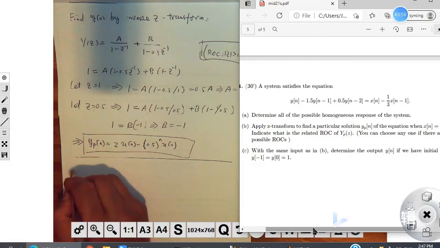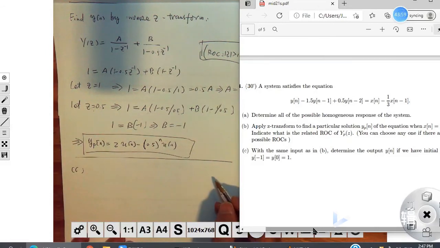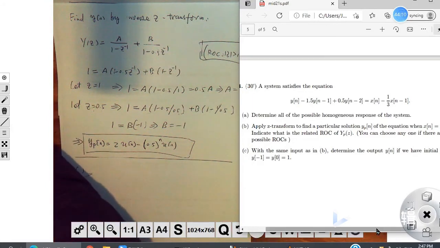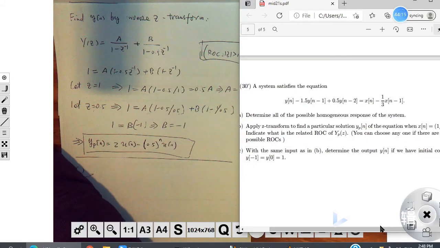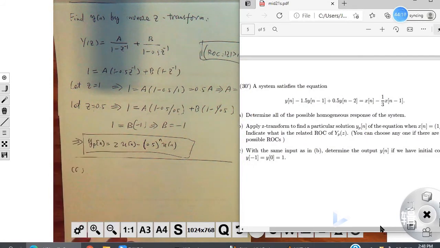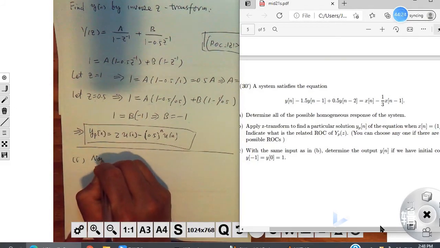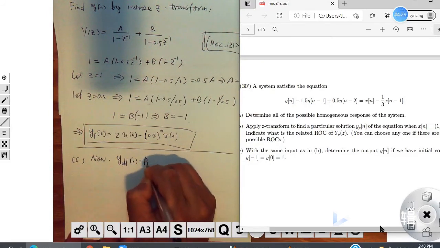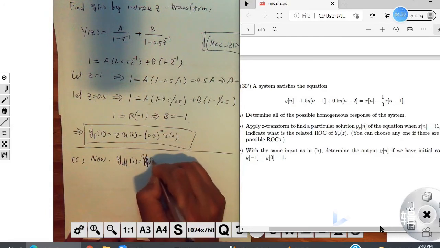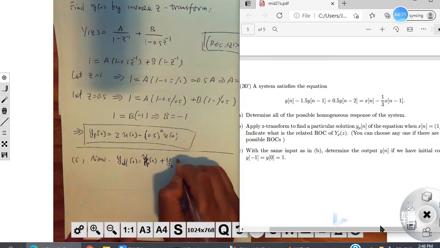Now is C. With the same input, now we want to determine the output if we have an initial condition. We have the initial conditions y equal to 1 when time is -1 and 0. Now we know y is just the y particular solution plus the y homogeneous solution.